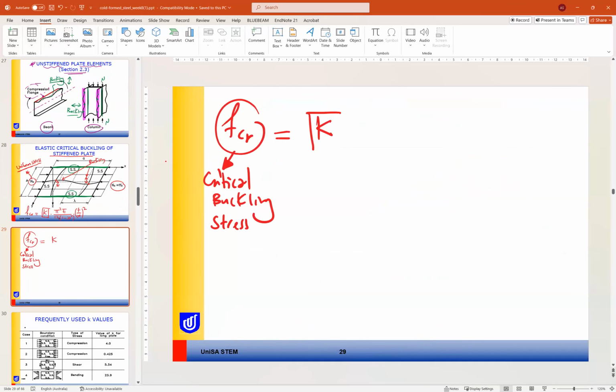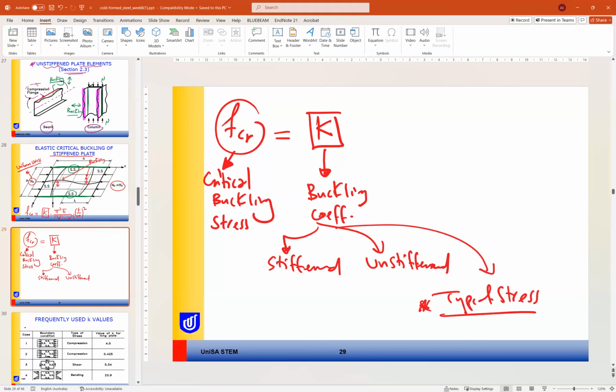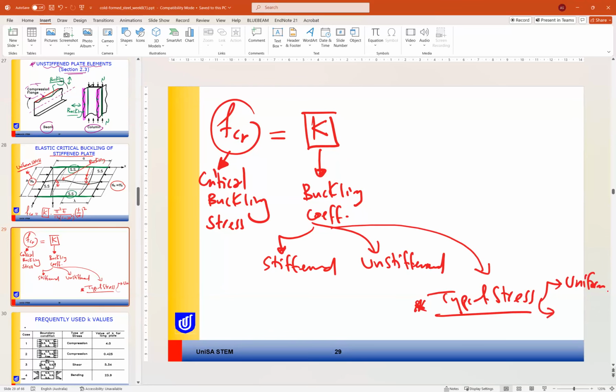It is equal to k, the buckling coefficient, which depends on whether the plate is stiffened or unstiffened, and also on the type of stress. So all these are parameters applied. So it is uniform or non-uniform, uniform or gradient.